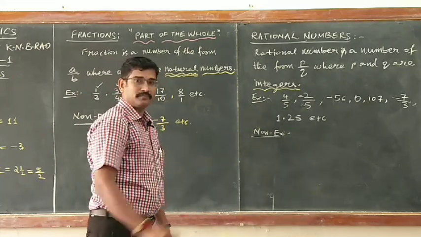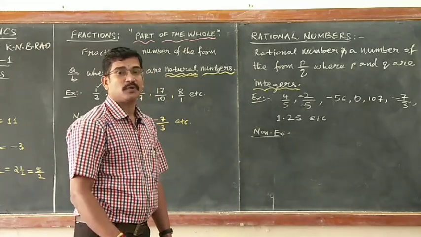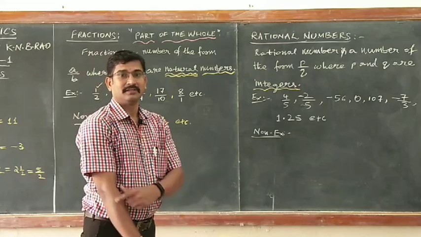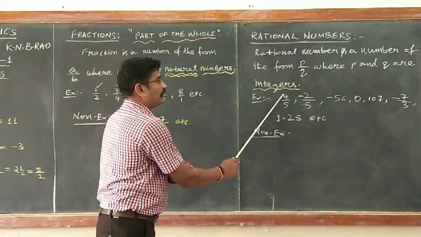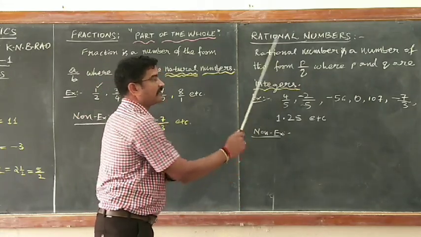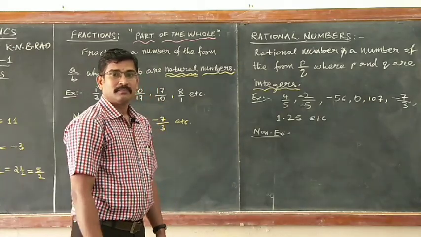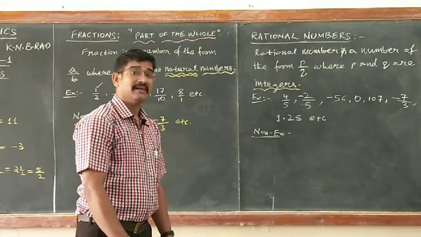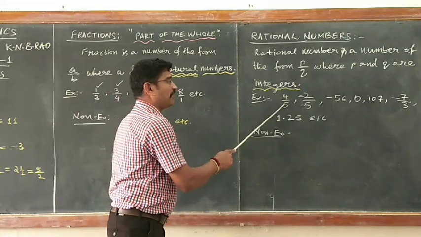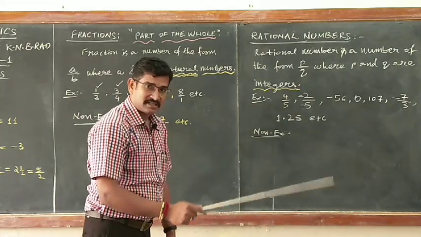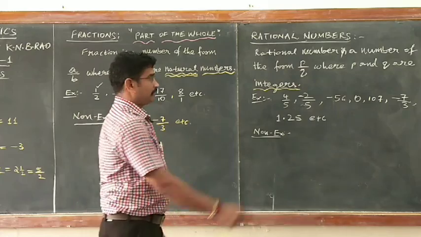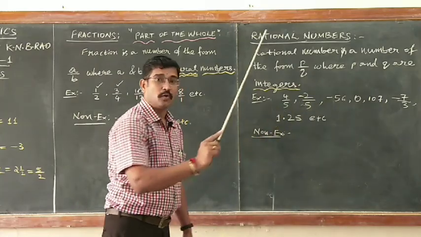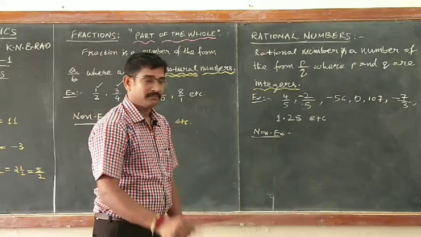Try to observe examples of rational numbers and see, do we have any fractions in them? 4 by 5, it is a fraction as well as a rational number, because all the natural numbers are part of the integers, but vice versa is not true. Similarly, minus 2 by 5 is only a rational number but not a fraction.